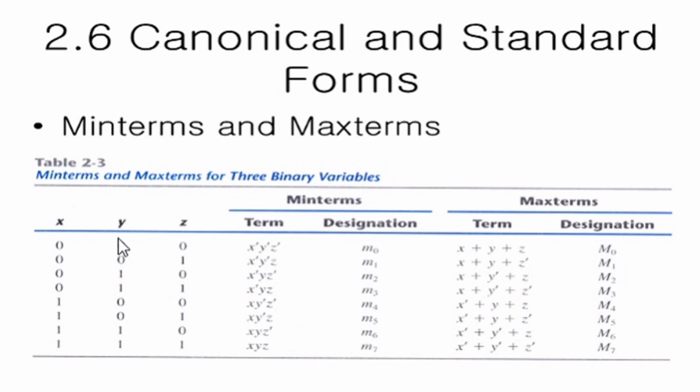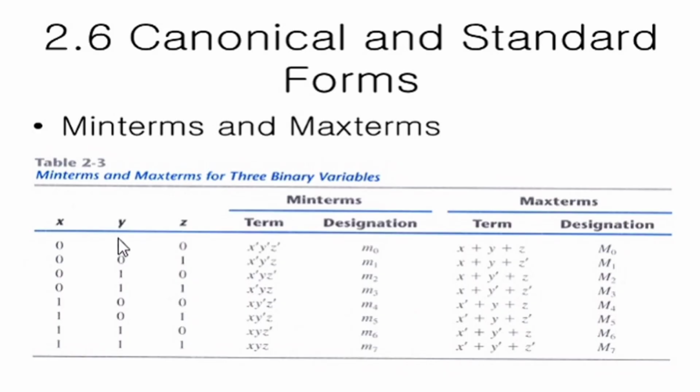Here, the SOP expresses a logic function as a sum of product terms. Sum means OR, product represents AND. Whereas POS expresses it as a product of sums. Here, SSOP, that is standard sum of product, is a special form of SOP where each product term includes all variables of the function.